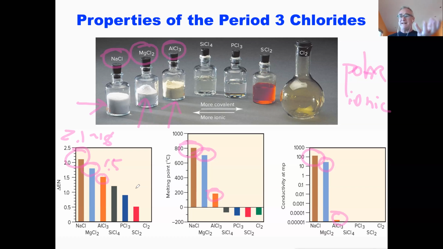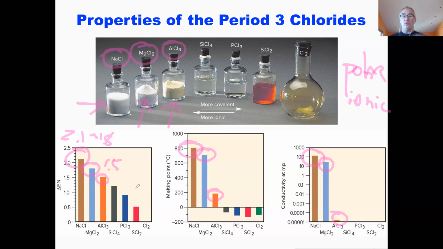So what we're dealing with is these bonds becoming less and less ionic and more covalent. But you can see that there's not a super sharp cutoff, because here we have something that's polar and yet slightly ionic. So we can say it's very polar, but also slightly ionic.